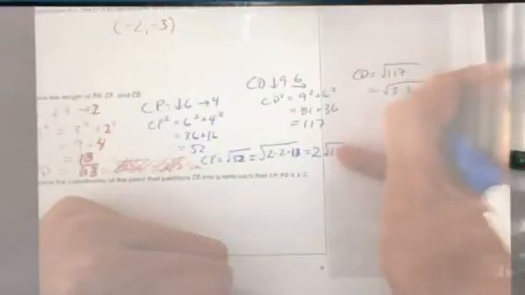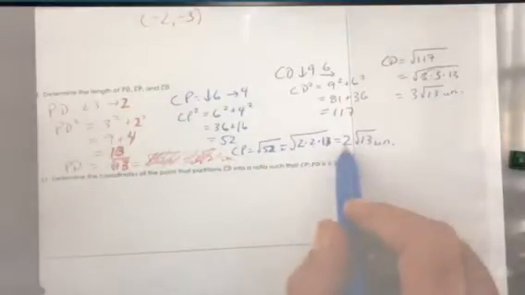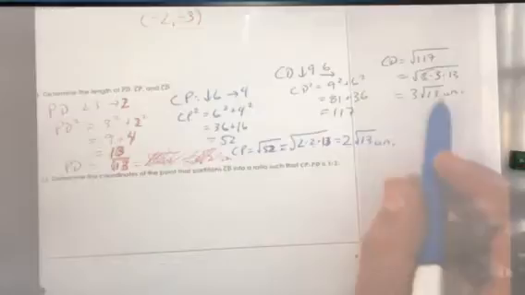This is a tricky one, but this is 9 times 13. So it's 3 times 3 times 13, and 3 can come out. And this makes sense because PD plus CP equals CD. So square root of 13 plus 2 square root of 13 equals 3 square root of 13.